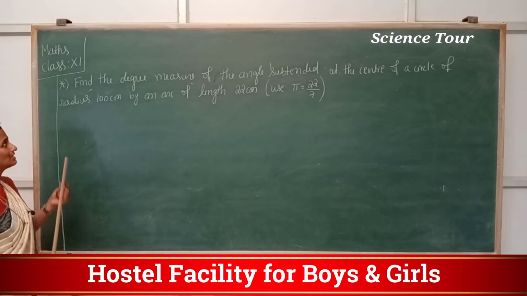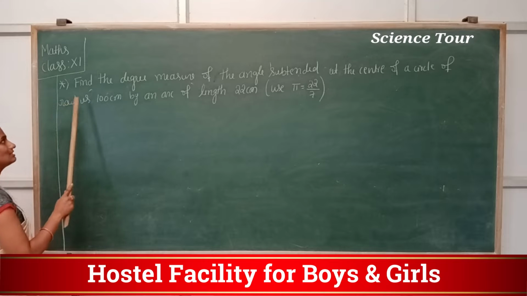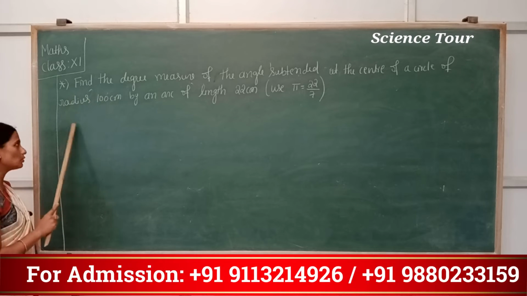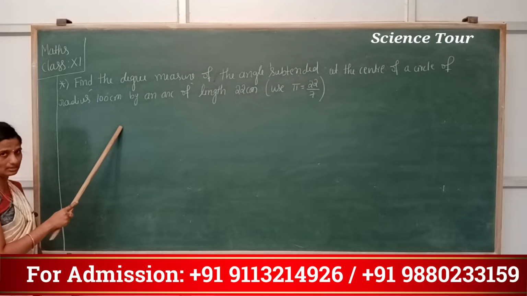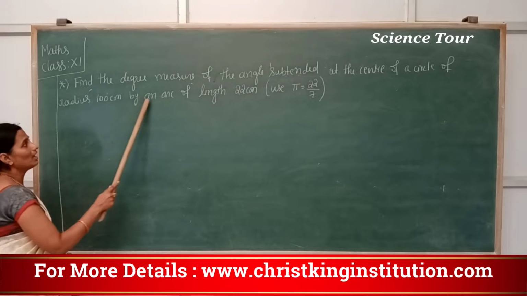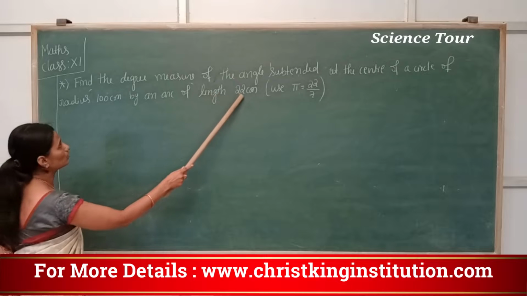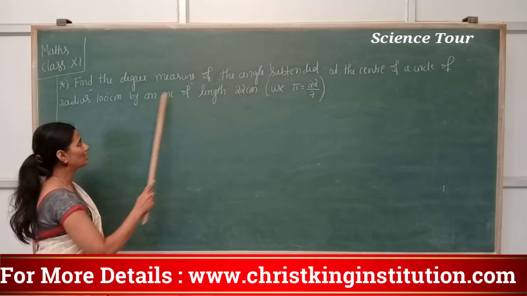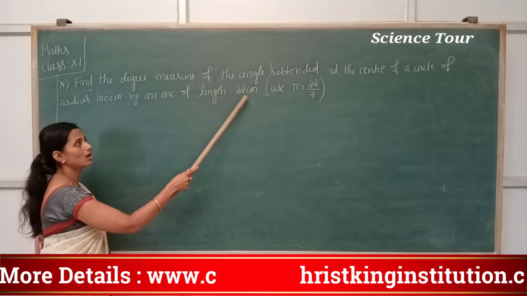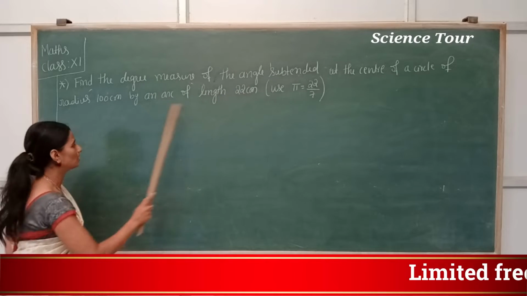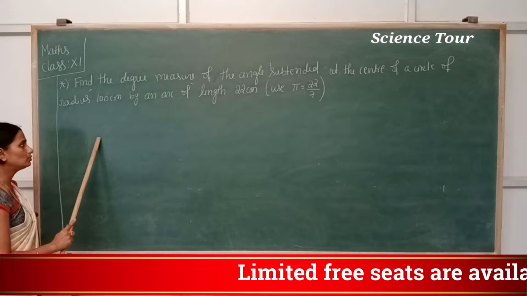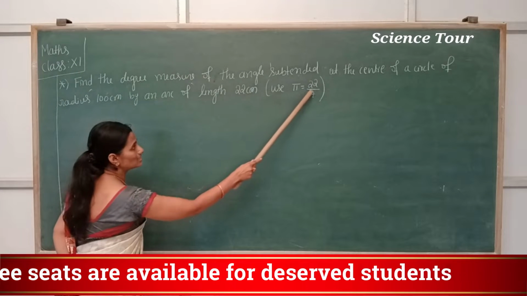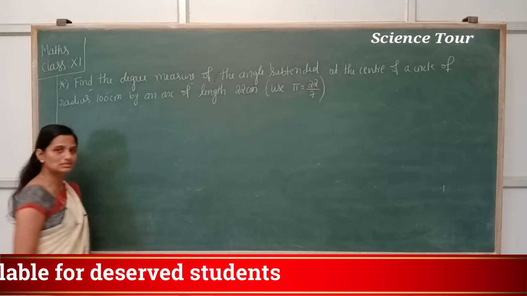The radius is 100 centimeter, so r is equal to 100 centimeter. The length of the arc is 22 centimeter, so L is equal to 22 centimeter. Use pi is equal to 22 by 7.